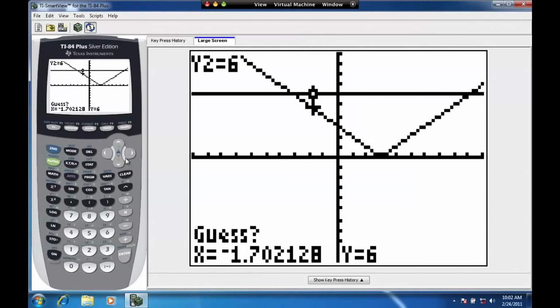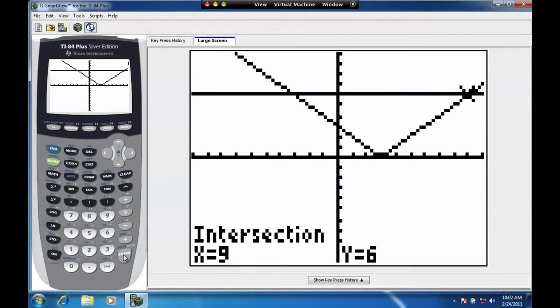And guess, let's move our cursor in the proximity of the other point of intersection. We want to be close to that other point of intersection, and we'll hit enter again. And the intersection there is 9, 6. So the other solution to the equation, absolute value of x minus 3 equals 6, would be 9. So the two solutions are negative 3 and 9.